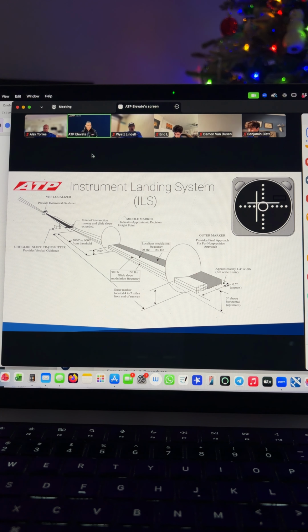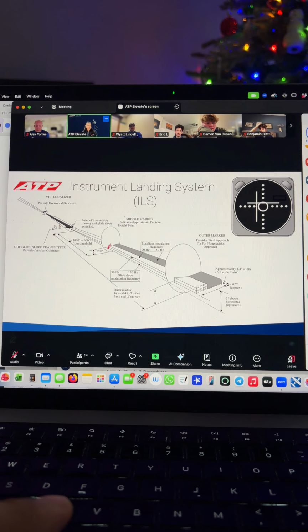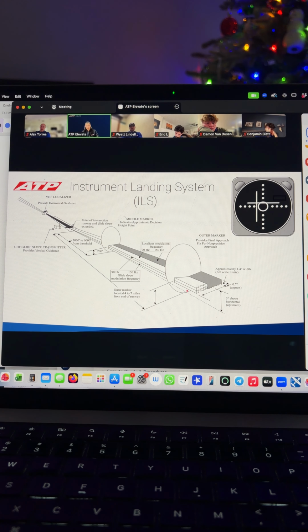You also have frequencies that let you know whether you're left or right of course, and then either low or high on your glide slope. So there are the components to it, right? You have your localizer, and then you have your glide slope, and then you have your marker beacons plus the approach lighting system like you guys were talking about.